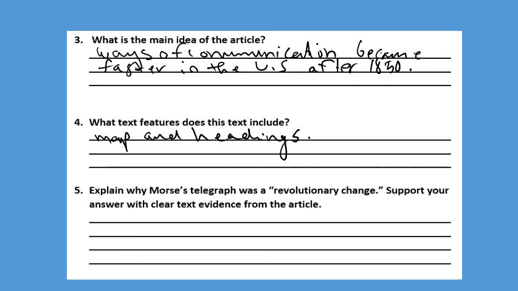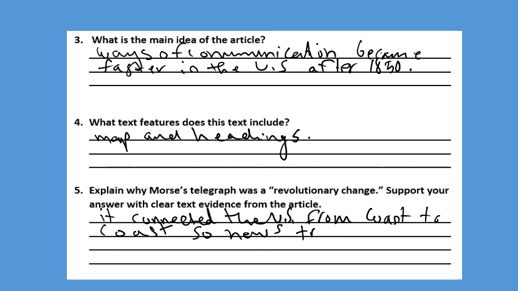Morse's telegraph was a revolutionary change because it connected the US from coast to coast, so news traveled faster, or at lightning speed, as mentioned in the text.